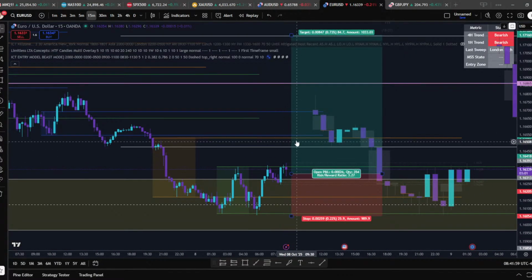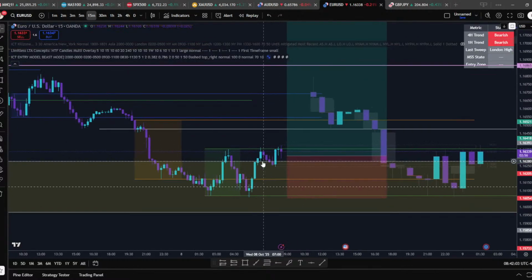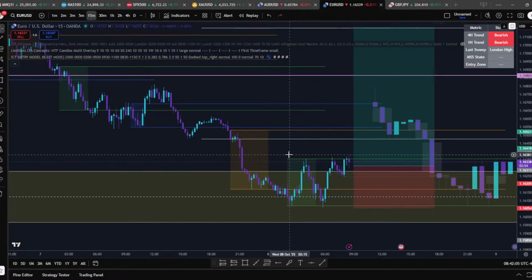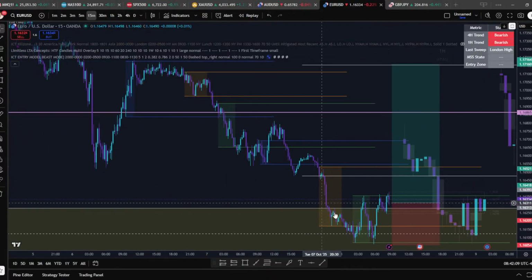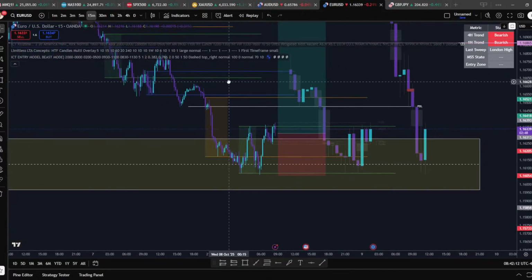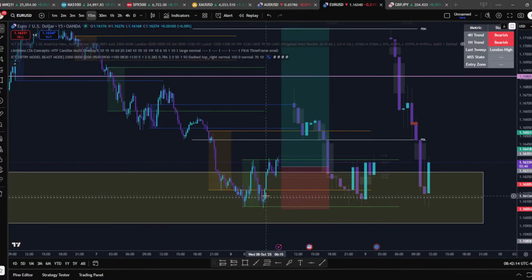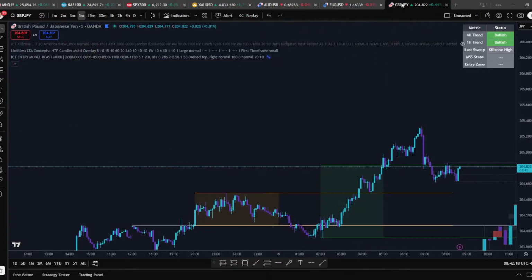And hopefully at Asia highs or at this level here, we can go to break even and be a risk-free trade. Okay, so that's Euro. Even though both of this says bearish, the way it's delivering from a fair value gap, higher time frame fair value gap, that's what I would kind of look at.